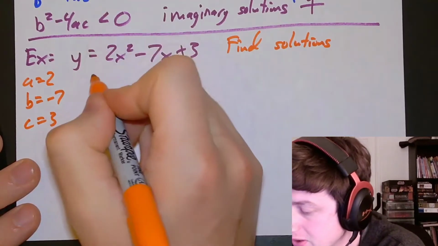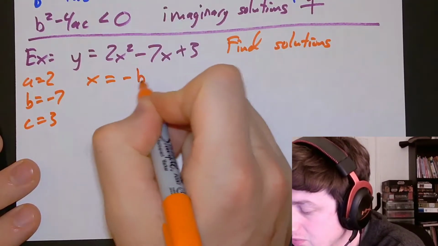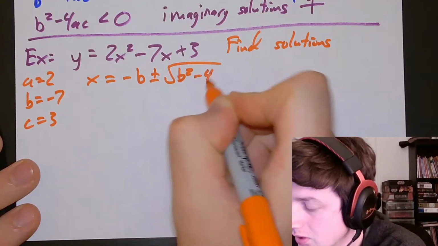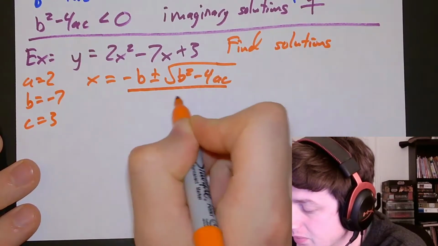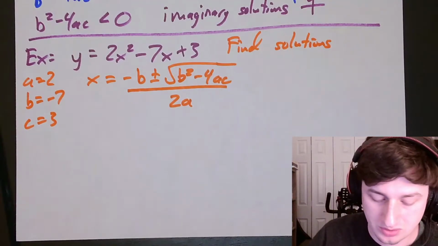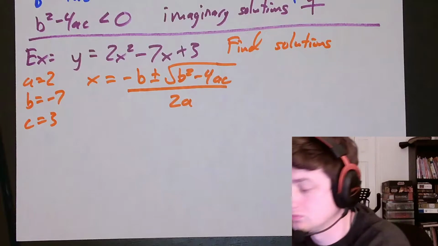And my formula is x is going to equal negative b plus or minus the square root of b squared minus 4ac, and all of it gets divided by 2 times a. So now we're just going to substitute in the values.